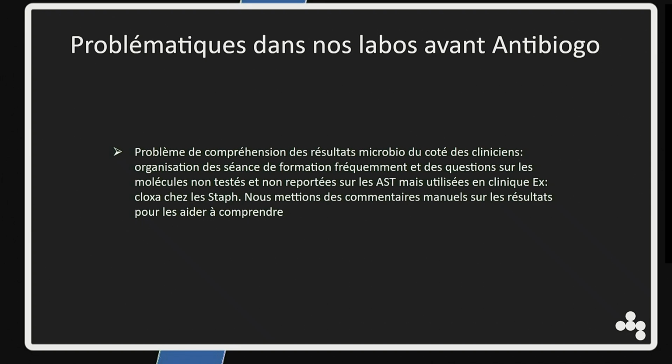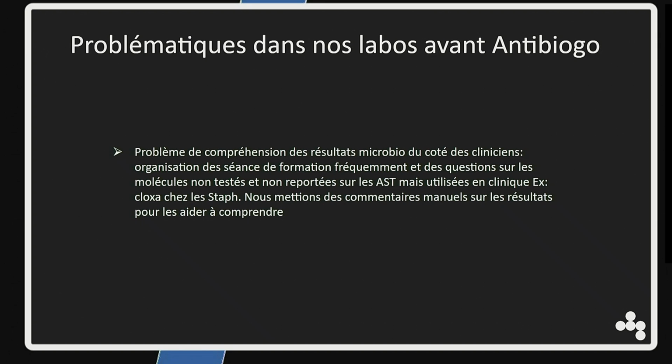Along with clinicians, we took note of all that. Clinicians were at a loss to understand the results of the microbiology laboratories. They had a hard time interpreting the results, hence they had a hard time adapting the treatment based on the results. Like for Staphylococcus aureus, we saw that cloxacillin was not tested directly, and we paid the consequences of those errors.